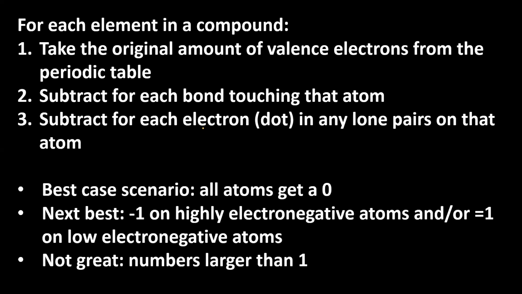And numbers greater than 1, whether it's a positive or negative, aren't nearly as great as 1, because what's the best case scenario? 0. And the farther we get from 0, the less probable that structure becomes for what nature's going to do. Okay, has everyone had enough time to write these down? Yeah? Okay. Almost there.